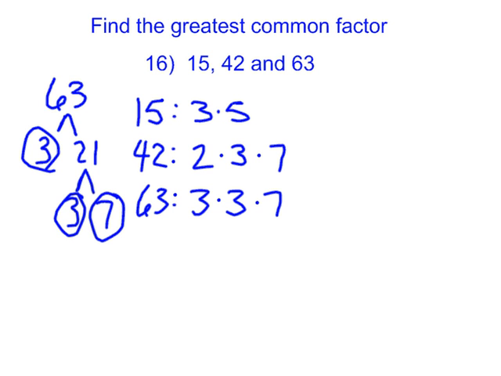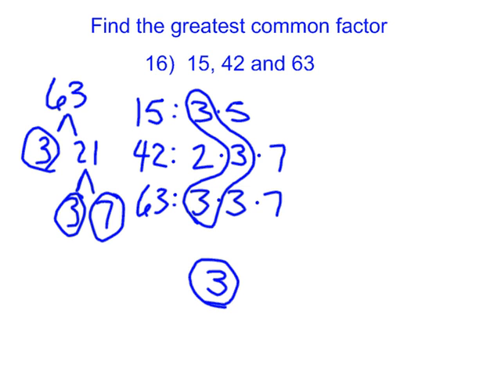Now we look to see what's shared between all three of them. And the only thing that's shared is one set of 3's. And so the greatest common factor for these three numbers is 3.